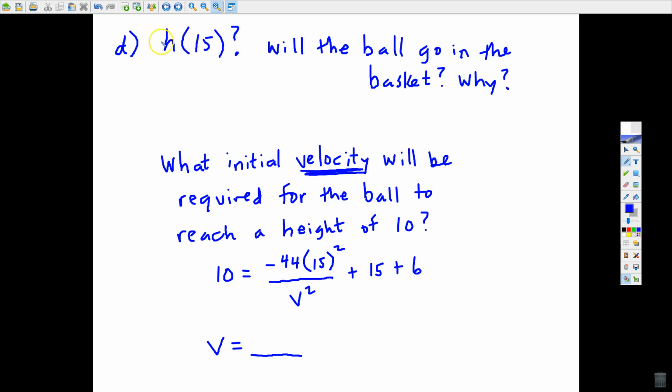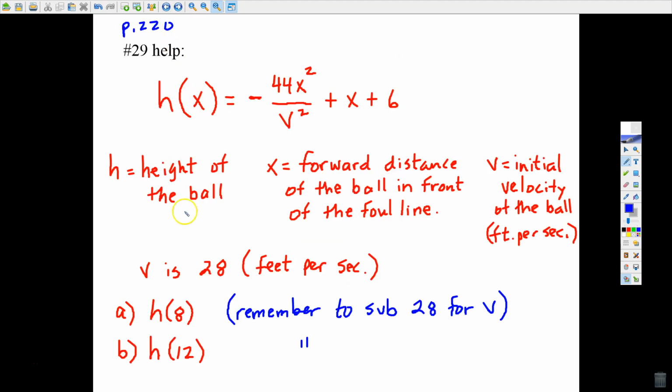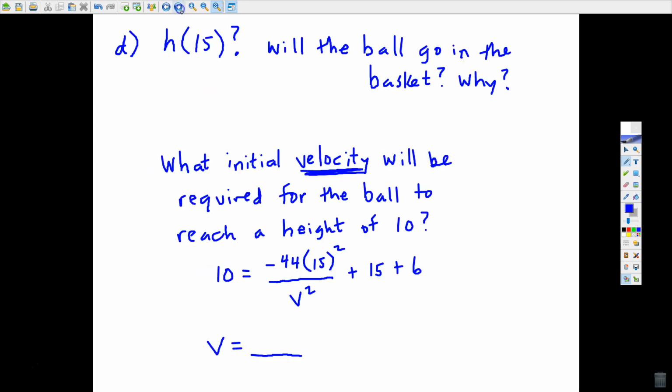And something interesting should happen. I hope if you know anything about basketball, you know that the hoop is always 10 feet high. So with h of 15, meaning he's 15 feet in front of the hoop, and the velocity is given as 28 feet per second, will this ball go in, and why or why not?